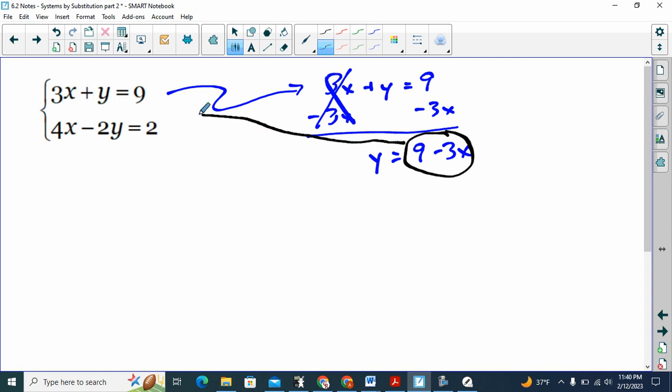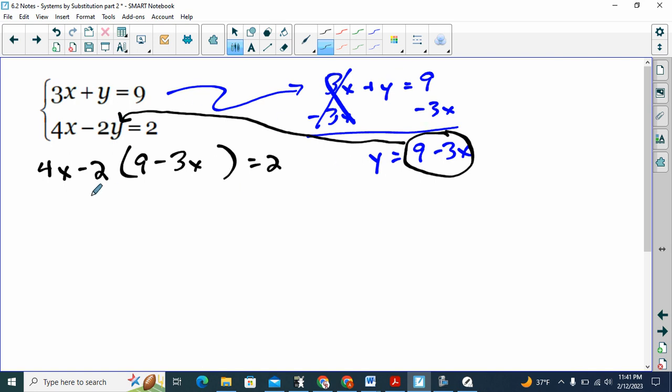We are taking that and plugging it into the other equation, not the one it came from, but into the other equation for the y. 4x minus 2y equals 2, but y is equal to 9 minus 3x. We solved for y so that we could then substitute.